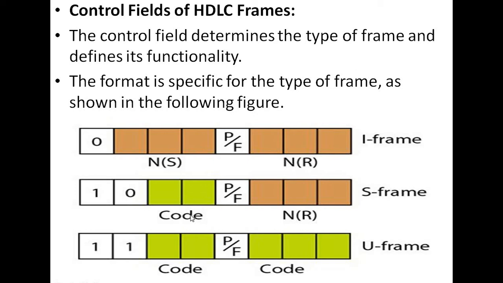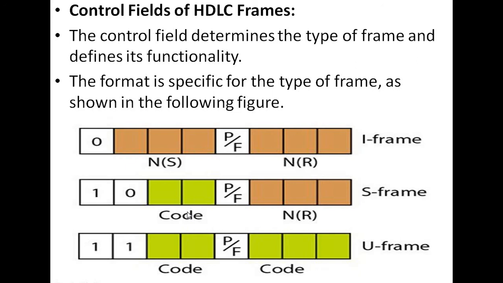Based on the code subfield, the S frame is divided into 4 parts: receive ready S frame, receive not ready S frame, reject S frame, and selective reject S frame.